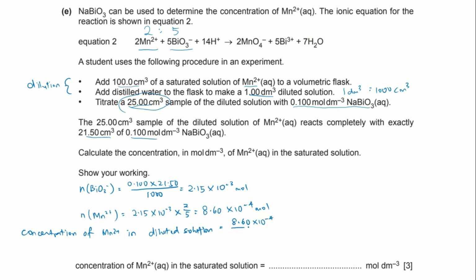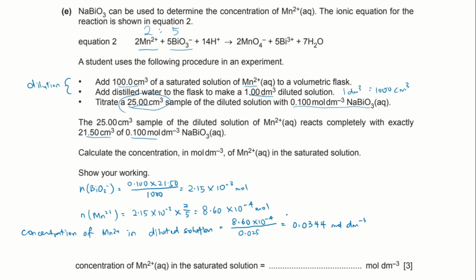So number of mole divided by the volume. Change the volume to decimeter cube. So that will be 0.025. The concentration of manganese 2 in diluted solution will be 0.0344 mole per decimeter cube.